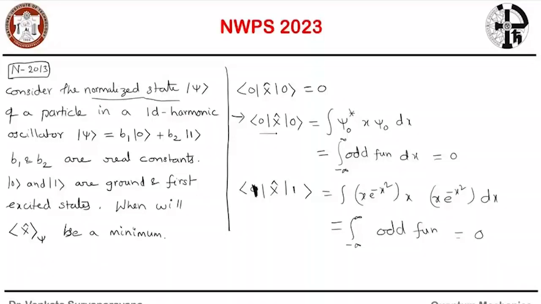Yes. Okay. Now you know this. Do you agree that this whole thing is an odd function? Yes, sir. So an odd function integrated from minus infinity to infinity is zero.